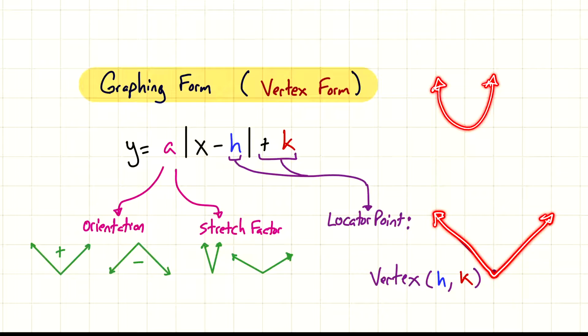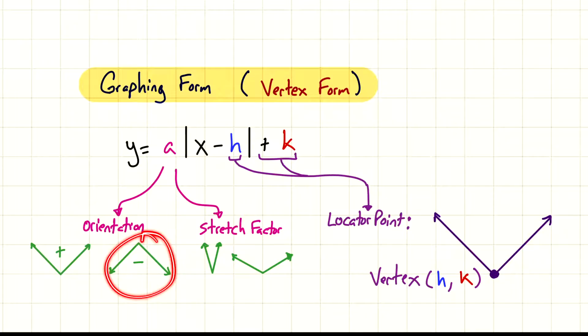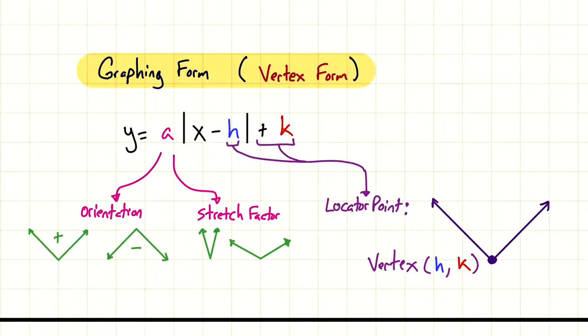It looks like a V or an upside down V, or a skinny V or a wide V. So that's really the two differences. These graphs are so similar. There's a lot of things they have in common. So that should make it a lot easier to graph these. If you know how to graph quadratics, absolute value should be even easier.